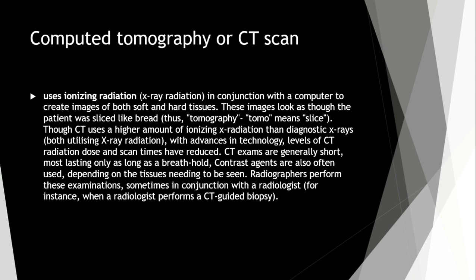These images look as though the patient was sliced like bread, thus tomography, tomo means slice. Though CT uses a higher amount of ionizing X-ray radiation than diagnostic X-rays, both utilize X-ray radiation. With advances in technology, levels of CT radiation dose and scan times have been reduced.